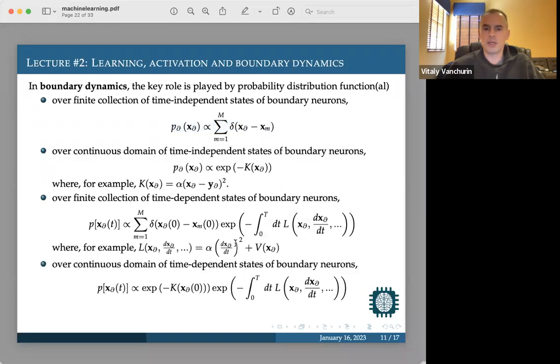terms, like this first term, which penalizes changes in the boundary X. So for example, if alpha is very, very large, then all of your changes in time will be suppressed, small. And then there may be this kind of potential term for the boundary neurons, which will tell you where their most likely values of X would be.